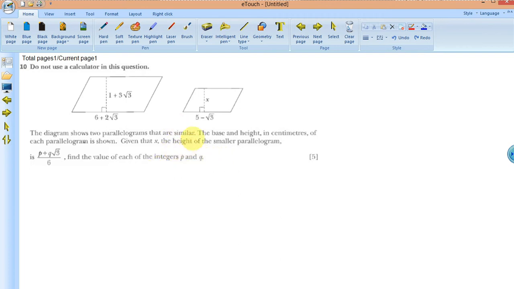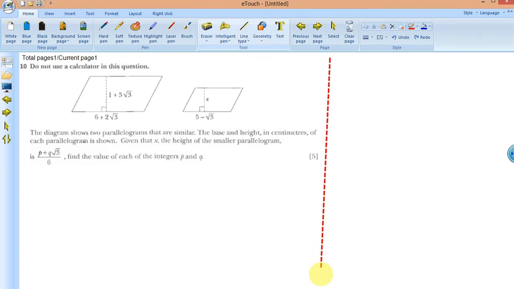Given that the height is x, we have to solve for x first. Then we compare this solution to this, then we go ahead and find the values of p and q. The first thing you need to note here is that these are actually similar parallelograms, so we're going to complete this task using similarity rules.